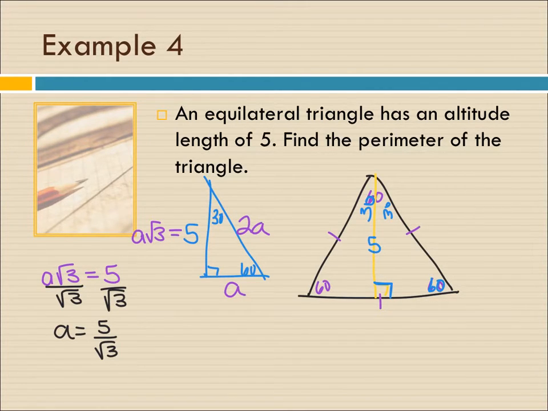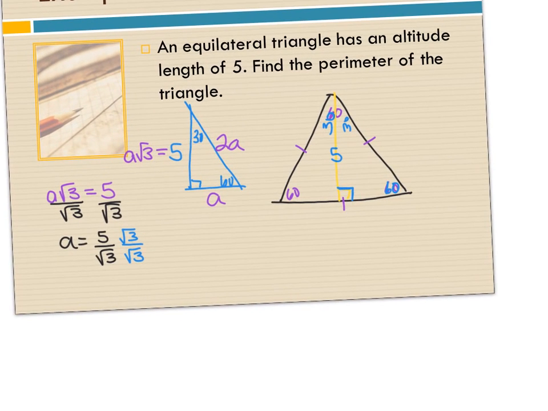Can I leave it like that? Nope, I have to rationalize it, which would be multiplying by what? Root 3 over root 3. So this becomes 5 root 3 over 3. Can that be simplified? No. So it's going to stay as a fraction.